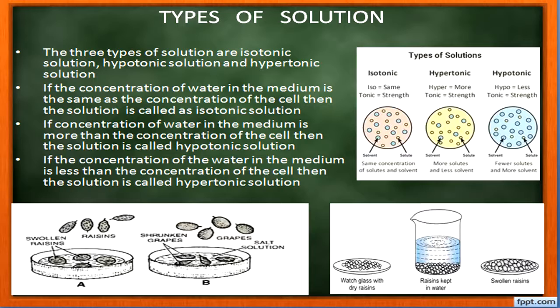If I am going to take a sugar solution, sugar is the solute and water is the solvent. If I am going to add just 1 spoon of sugar in a very big beaker of water, it is a very dilute sugar solution. That one we can call hypotonic solution. Hypo means very less. Okay, tonic means concentration.